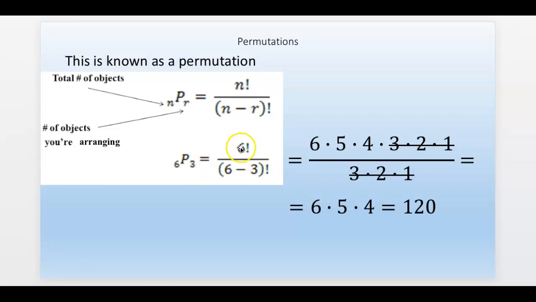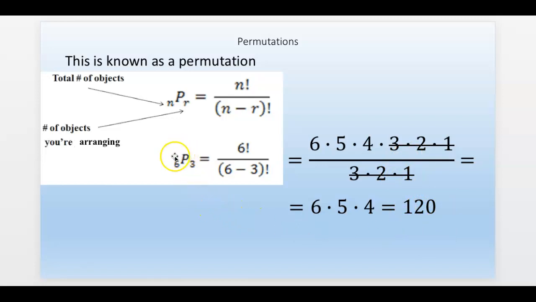Well, it's 6 factorial divided by (6 minus 3) factorial. That's 3 factorial, so 3 times 2 times 1 is the bottom, and the top is 6 times 5 times 4 times 3 times 2 times 1. The 3 times 2 times 1 cancels out, so we end up with 120.